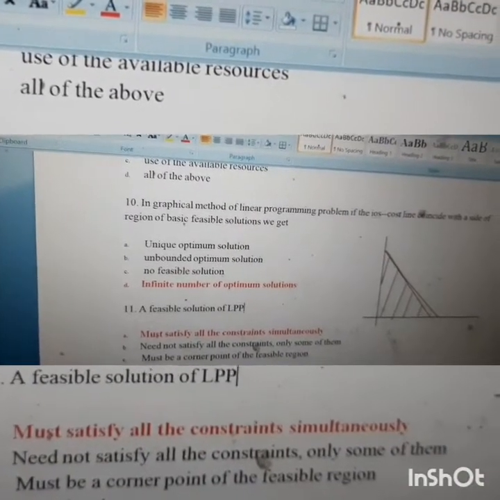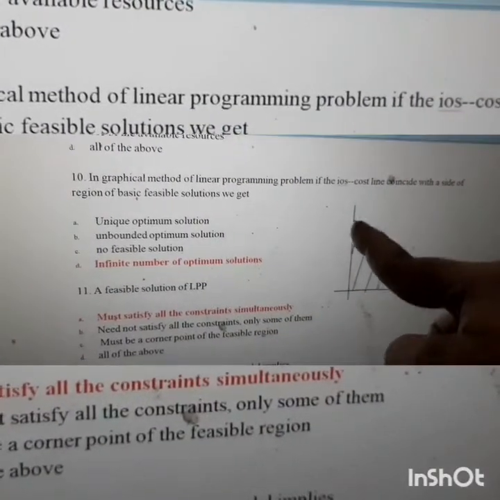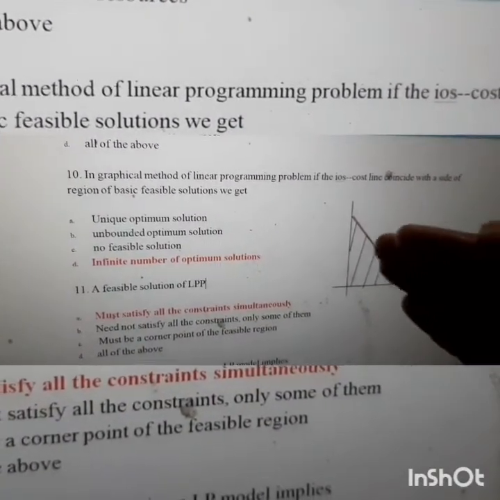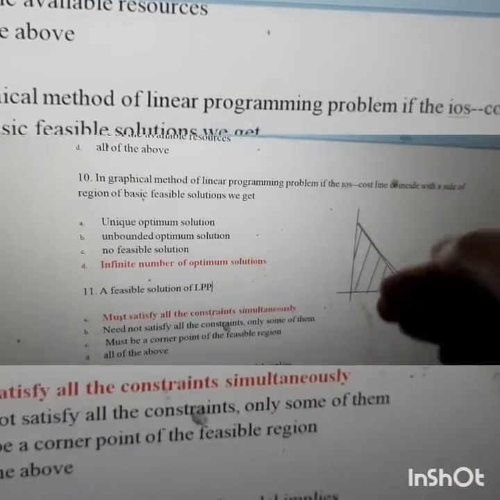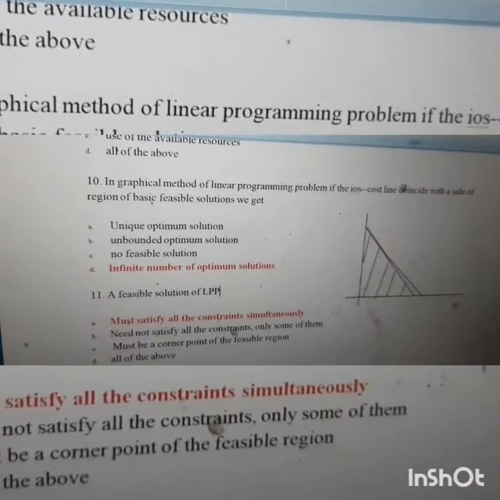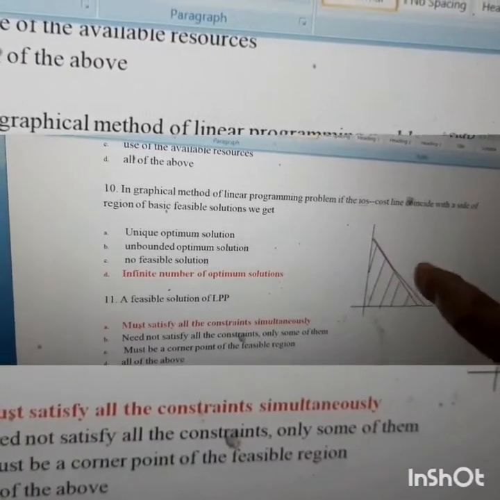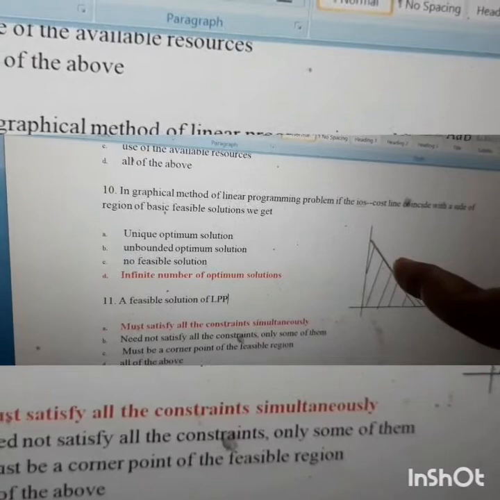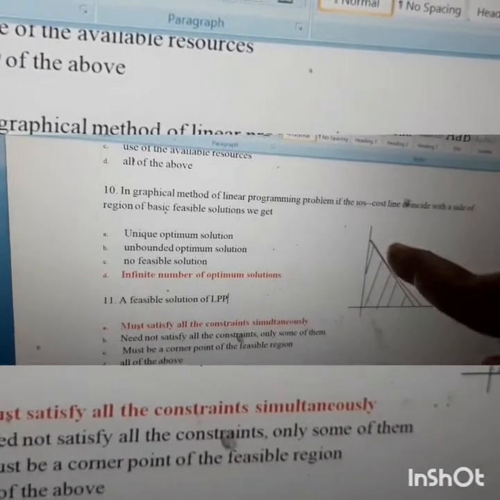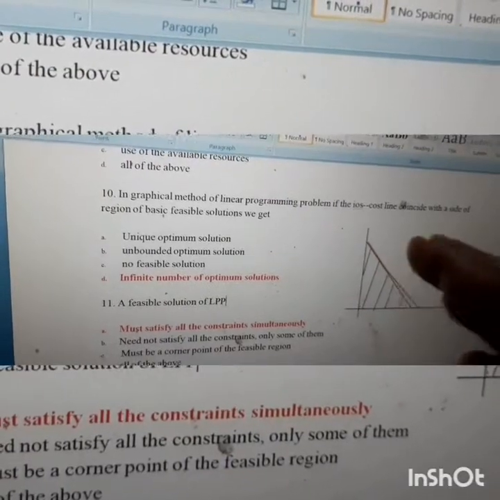Suppose this black line represents the shaded area. The area below this line represents your feasible solution, and this maroon colored line is the ISO line. A part of this line is coinciding with the line below which your feasible solution lies.